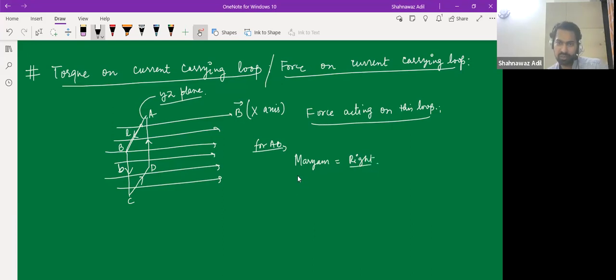And Aisha, what is your answer? Saad, what is your answer? Remember where is your L and where is your B. This is how the current is flowing.